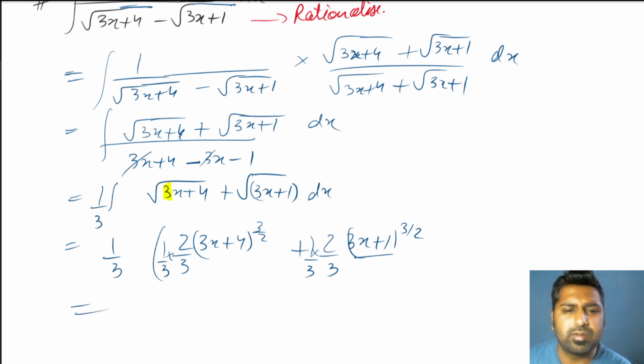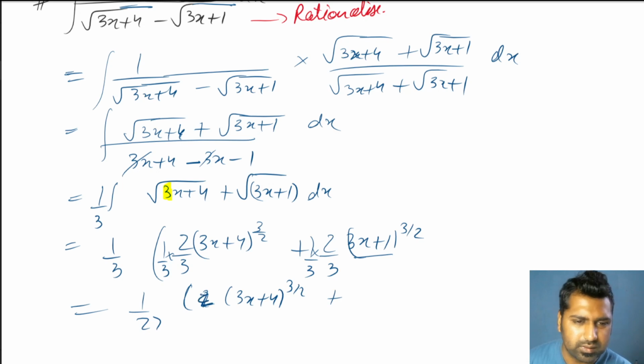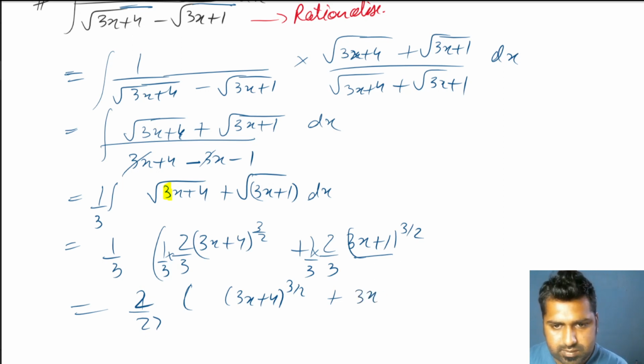So effectively if you take 1 by 3, 3, 3 common, 3 3s are 27, 1 upon 27, take 2 common, 2 times 3x plus 4 raised to power 3 by 2, plus 3x plus 1 raised to power 3 by 2.